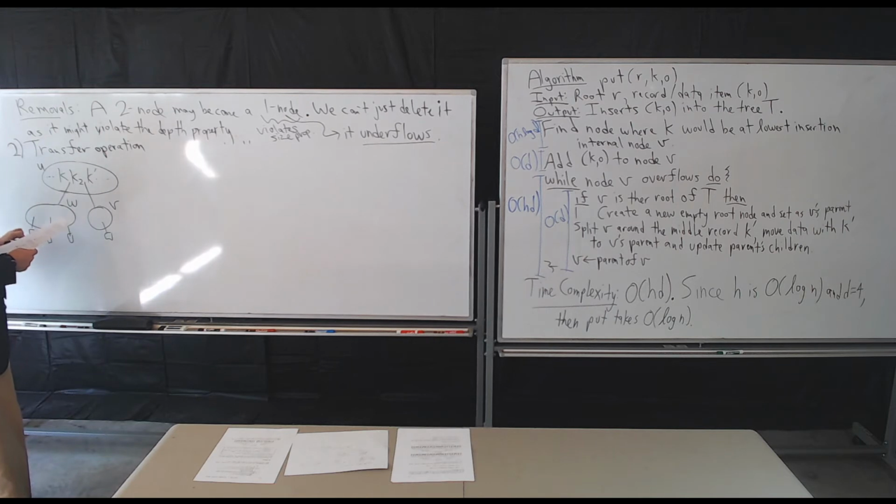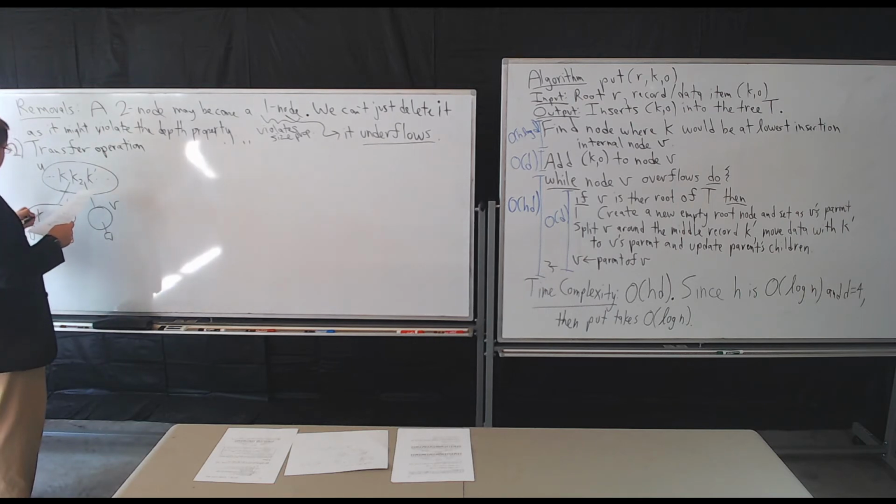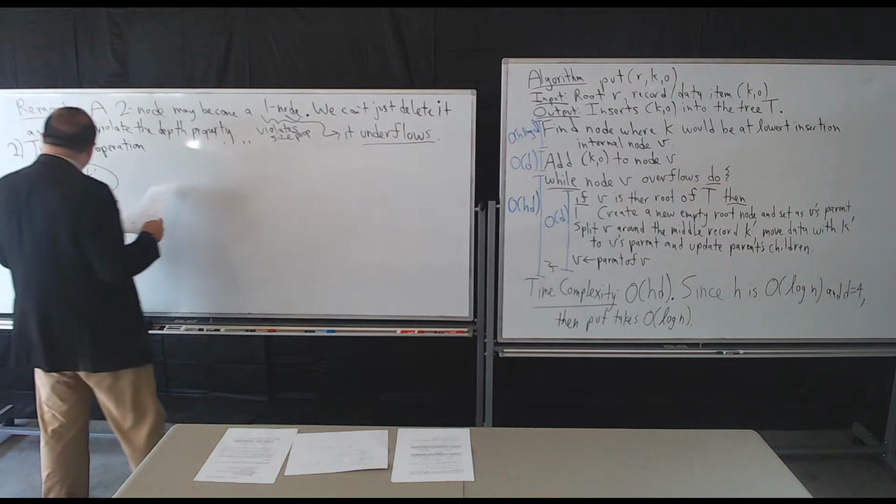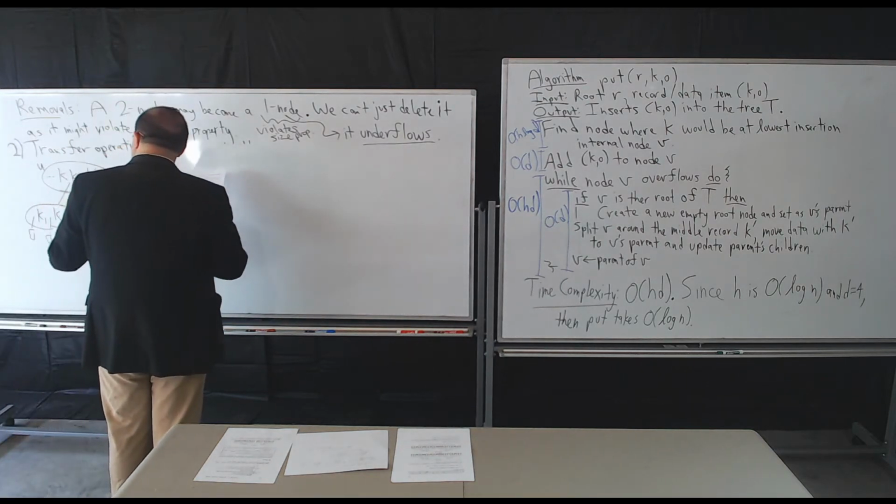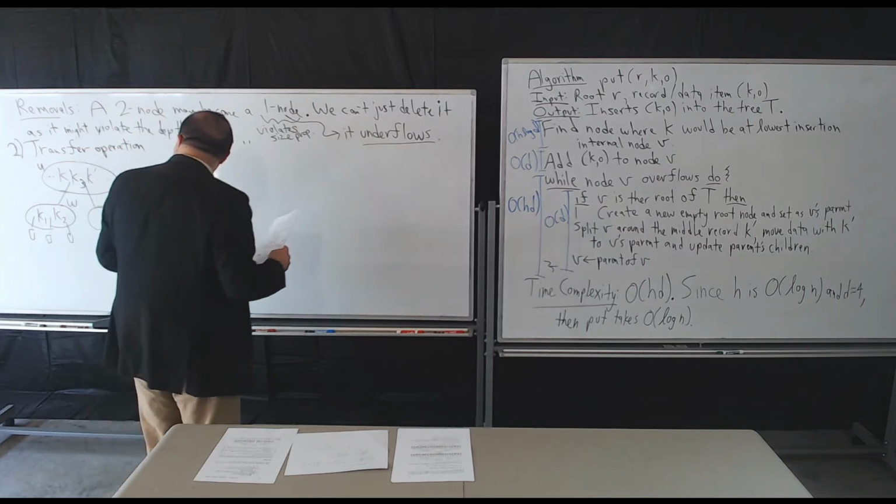So I'm going to have a 3-node here. I'm going to have K1 and K2 here. And I'm going to call now the parent K3. And what am I going to do in a transfer operation?